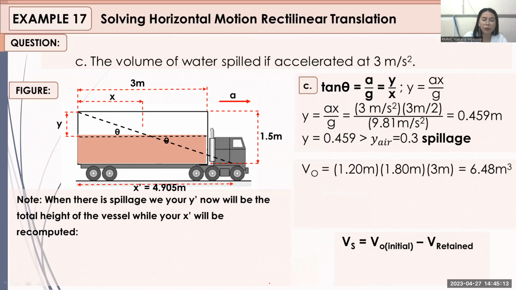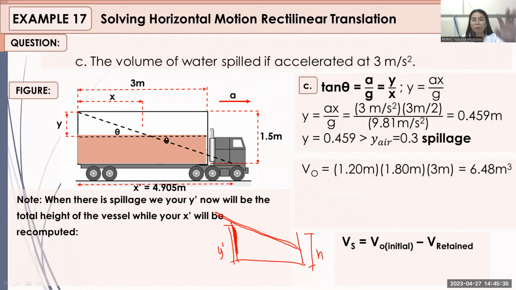So, sabi dito, when there is spillage, ibig sabihin, yung y prime natin ngayon will be the total height of your vessel. Bakit? Kasi nga, may natapon na. Sana nagigets yun. Okay?